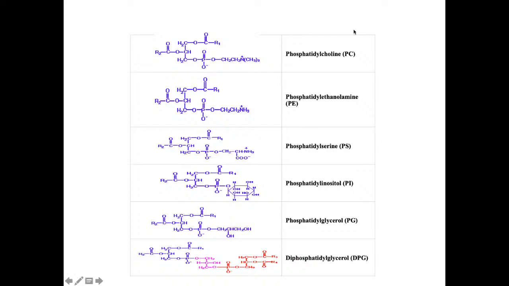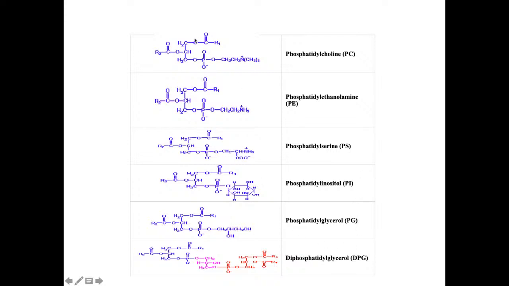Some examples, in the summary that we discussed on the first day of lipids: phosphatidylcholine, phosphatidylethanolamine, phosphatidylserine, phosphatidylinositol, phosphatidylglycerol, diphosphatidylglycerol. So PC, PE, PS, PI, PG, DPG.